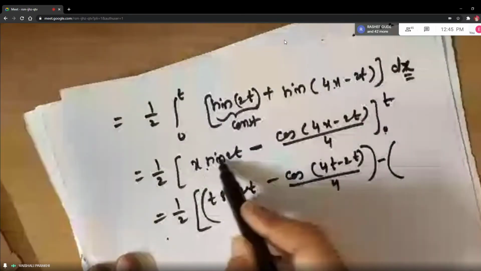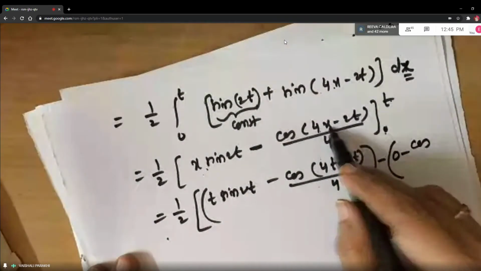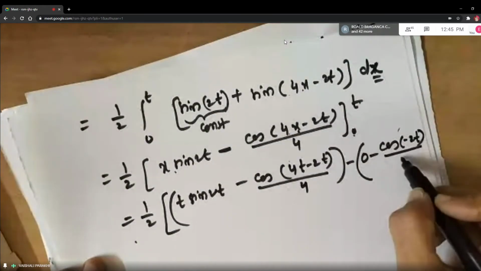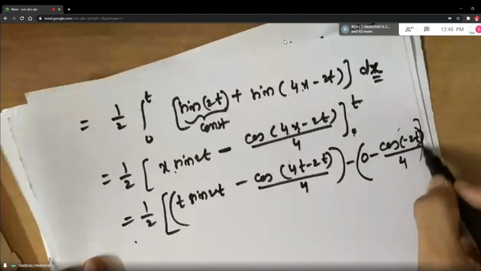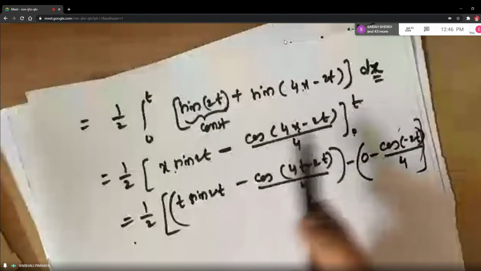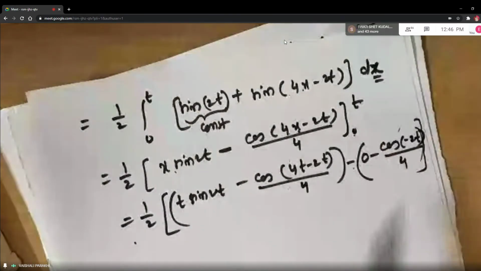That is the lower limit. But 0 into anything is 0, so minus cos of 4 into 0 minus 2t, only minus 2t will remain, divided by 4. And then you complete the bracket. So here what I did, I replaced x by the upper limit in both terms. Minus, the middle sign is minus in the definite integral formula. I replaced x by the lower limit.